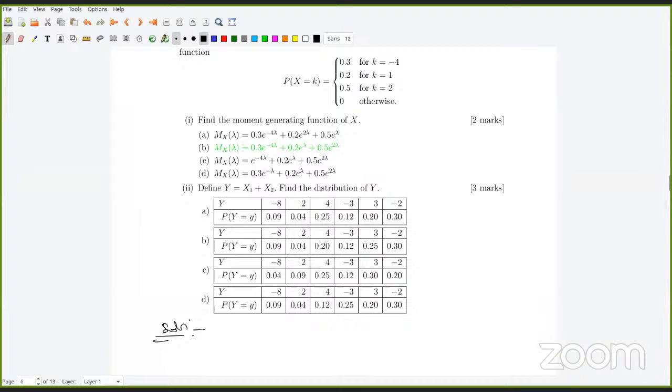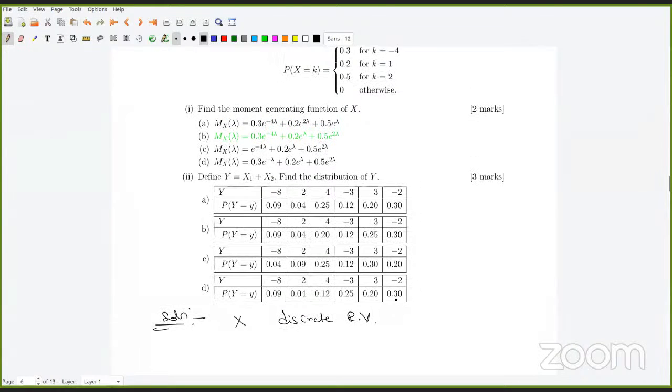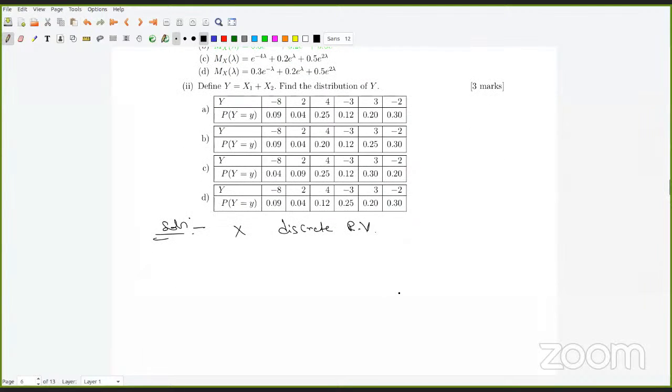If X is a discrete random variable, it is the summation of the PMF times e raised to lambda X, the expectation of e to the power lambda X. So many have forgotten moment generating functions and everything? Okay, let me revise them.